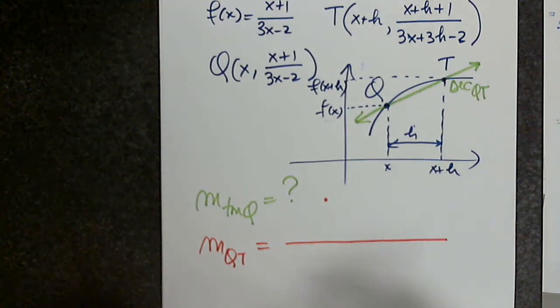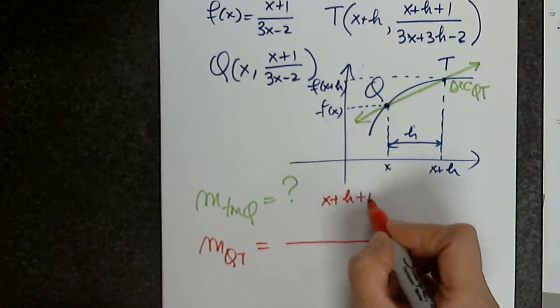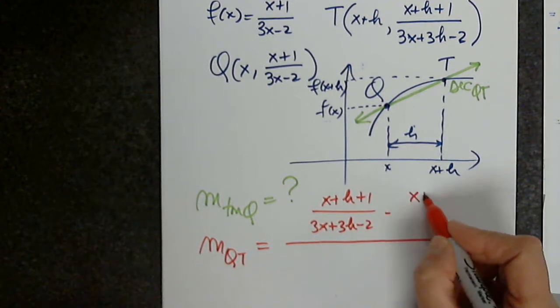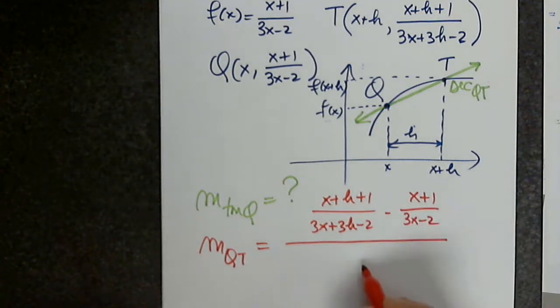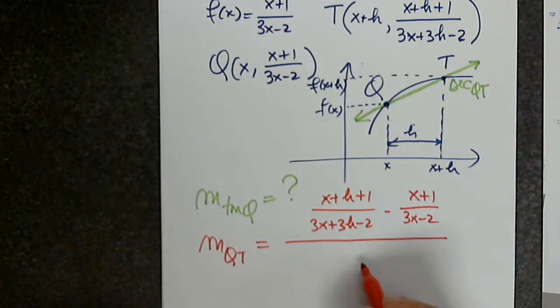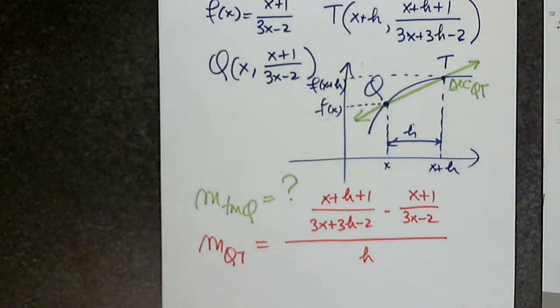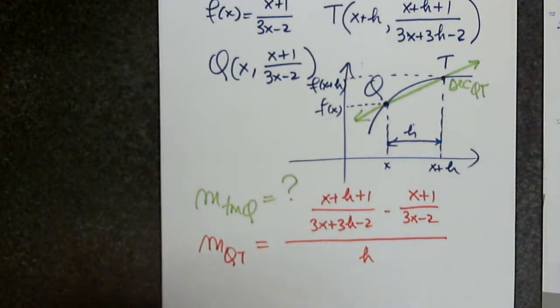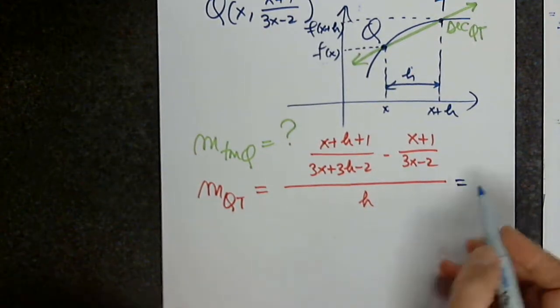It's going to be x plus h plus 1 over 3x plus 3h minus 2 minus x plus 1 over 3x minus 2. Very good. And now we know what the denominator will have to be. Perfect. It's all the same thing. It's all the difference quotient. It just depends on how I denote the points. Okay, I'm ready.